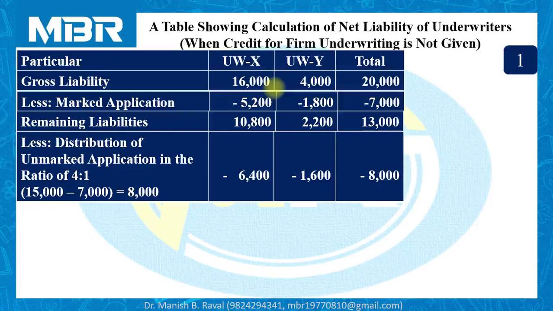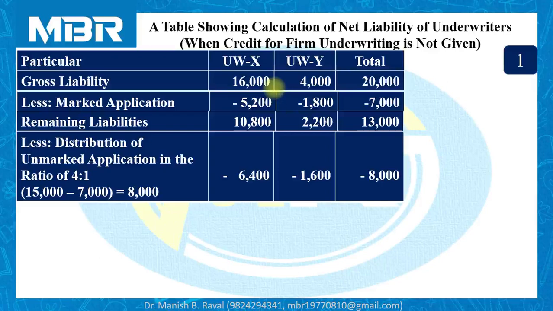In your question, it is clearly mentioned that the total number of applications received by the company is for 15,000 equity shares. Out of these 15,000 equity shares, 7,000 shares are marked with the unique identification stamp of underwriters X and Y altogether.